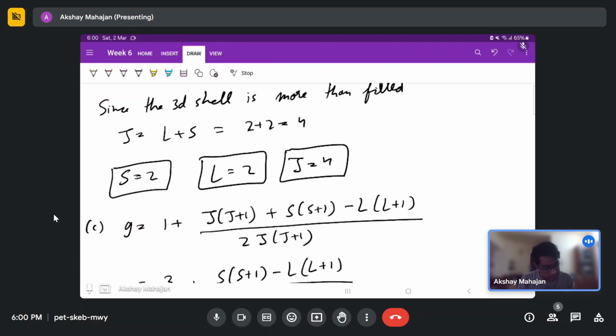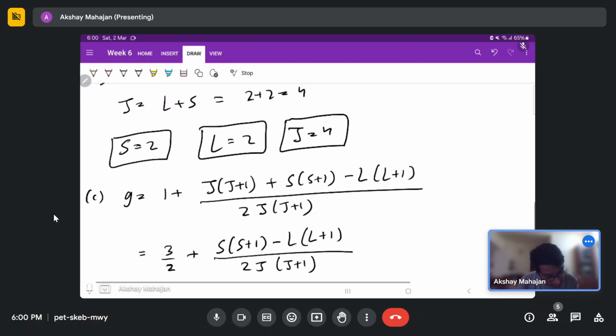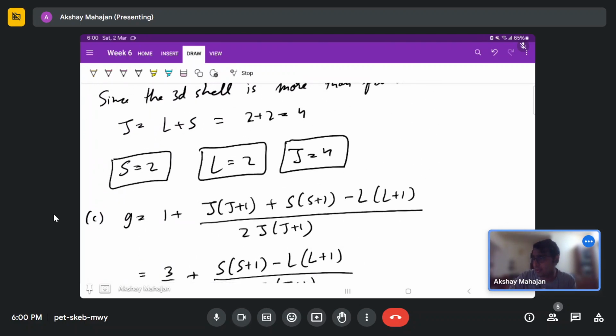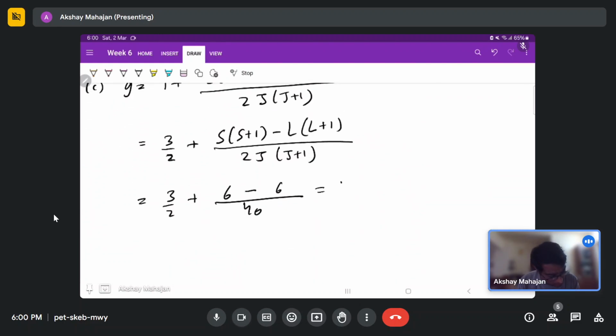So it will be just 4 plus 1, 5 over 20. J is equal to 4 here. Yes, 2 plus 2 equals 4. Since S and L are the same, this will be just 1.5.